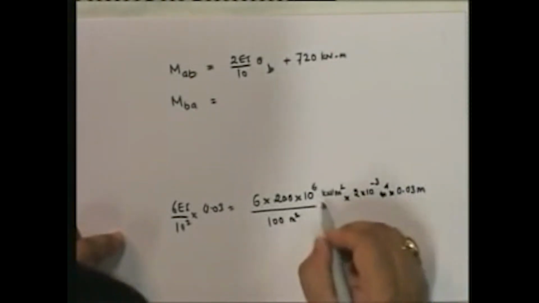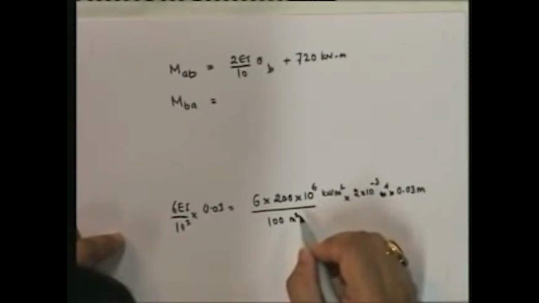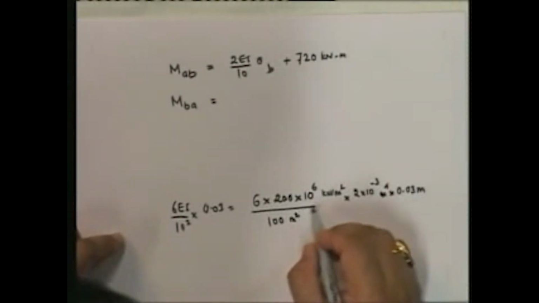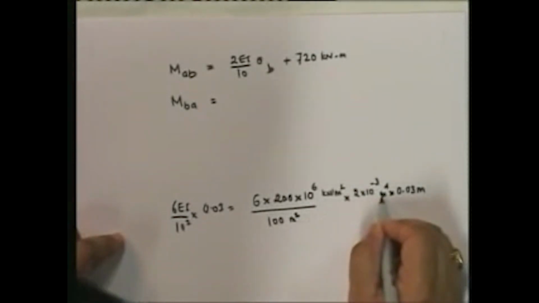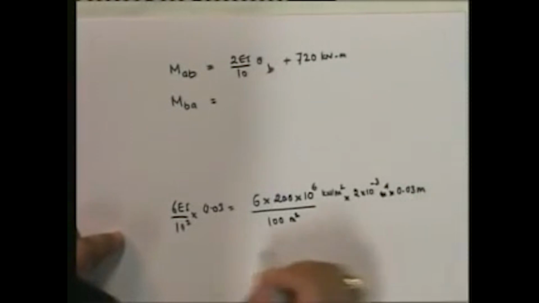Let's see what units I'll end up getting. This is going to be kilonewton, meter fourth at the bottom. Meter fourth cancels, so it's going to be kilonewton meter.